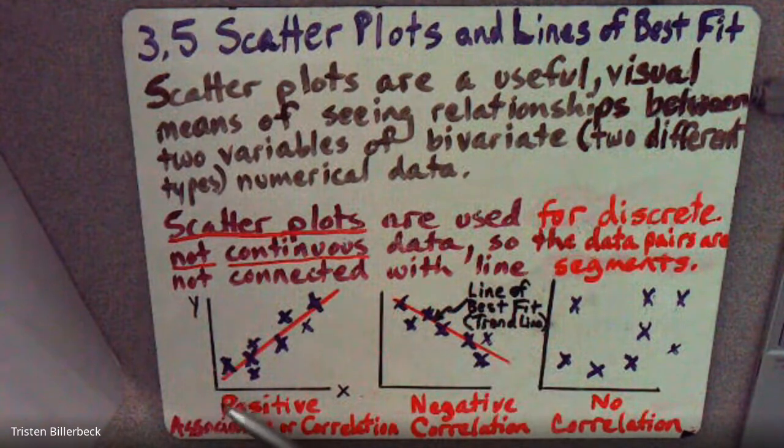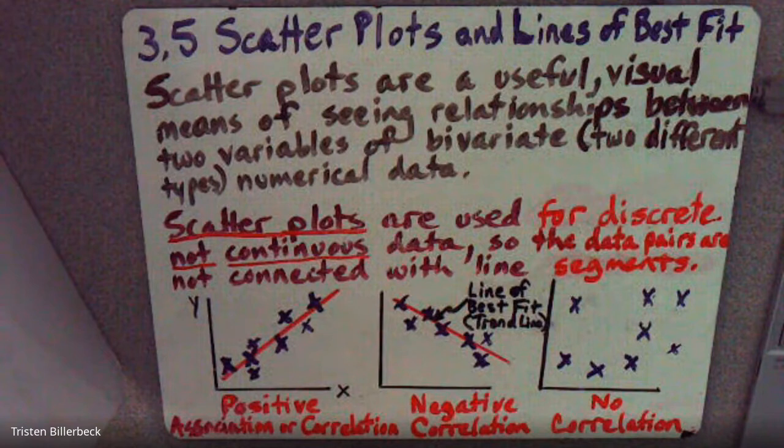When a trend line has a positive slope, as x increases, y increases, it has a positive association or correlation. An association just means that the two variables are associated in some way. They have a relationship. A correlation means they actually have a correlation between each other. They're very similar in meaning. We usually use correlation in statistics.